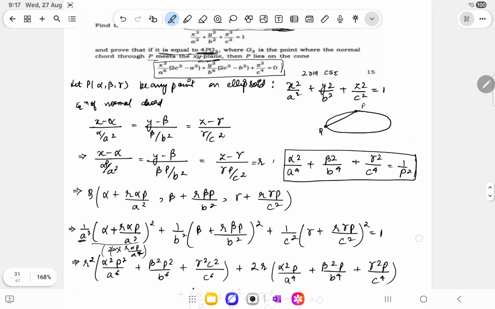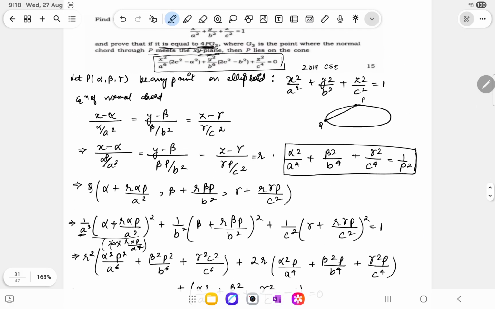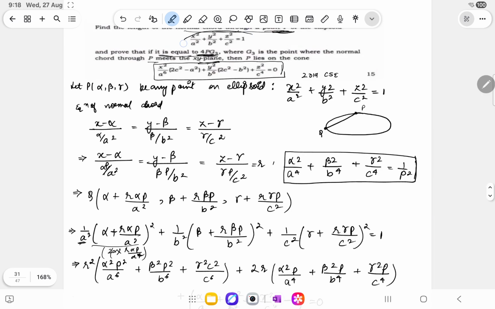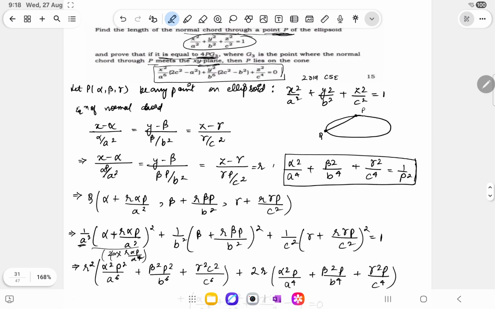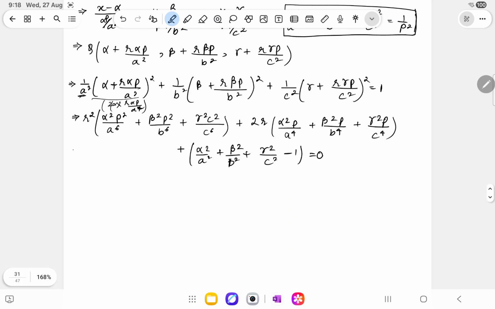But if you remember, we have assumed P alpha, beta, gamma to be any point on the ellipsoid, so alpha, beta, gamma must satisfy the equation of the ellipsoid. So I'll get alpha square by a square plus beta square by b square plus gamma square by c square is equal to 1. So using this, this term will reduce to 0.